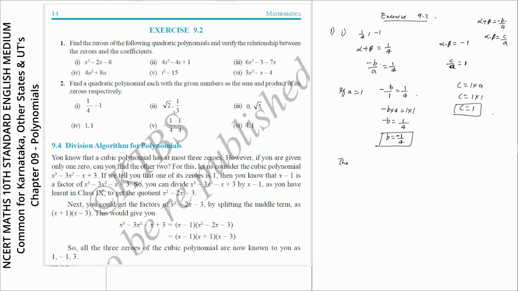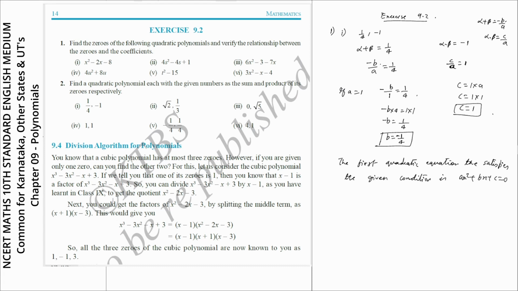So the first quadratic equation that satisfies the given condition is ax square plus bx plus c is equal to 0.